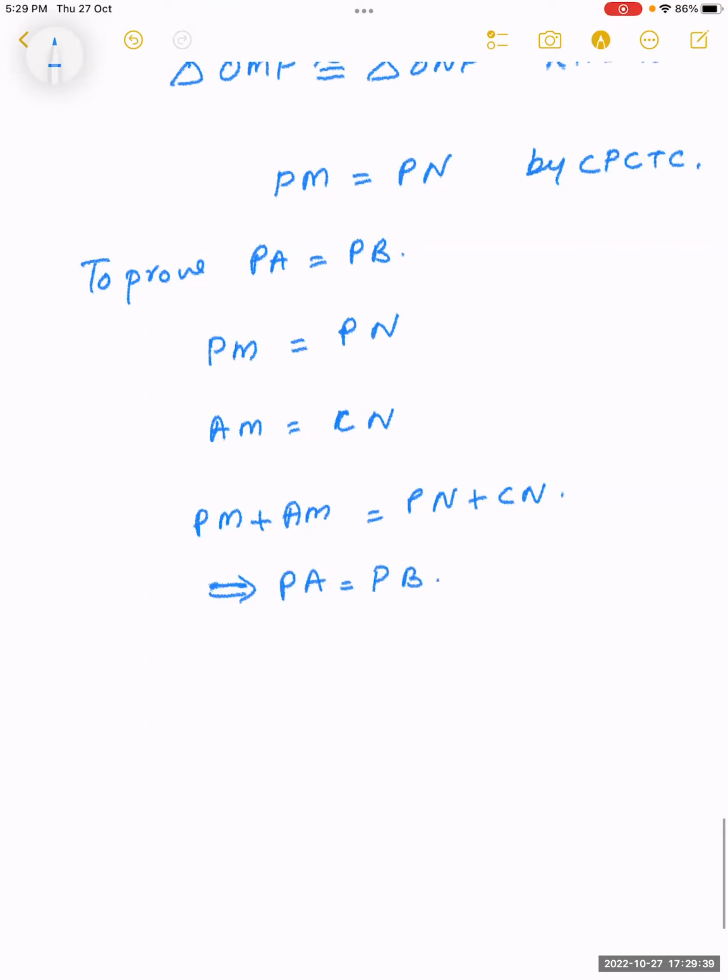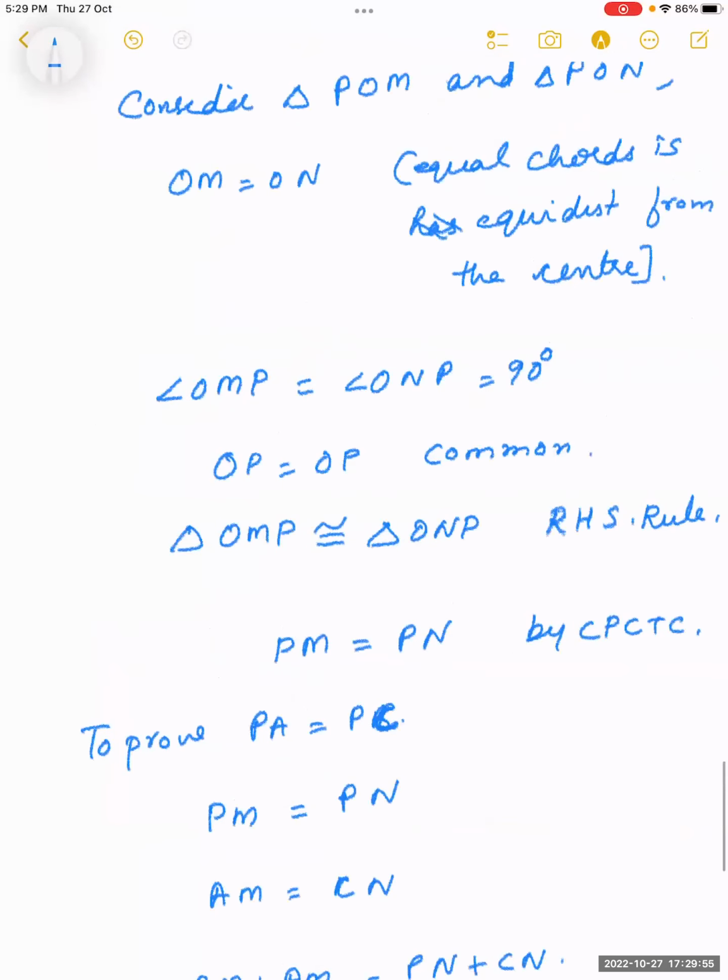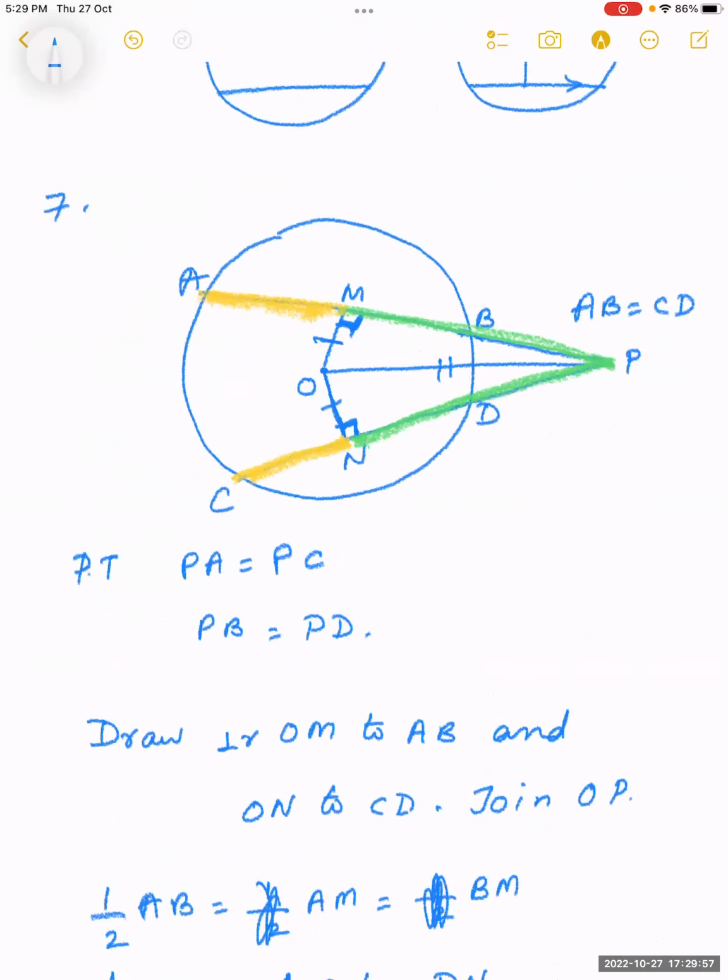Sorry, this is PC, not PB. PA and PC are equal. One minute, look at this figure. PM and PN, the green color I have highlighted, are equal by CPCTC.